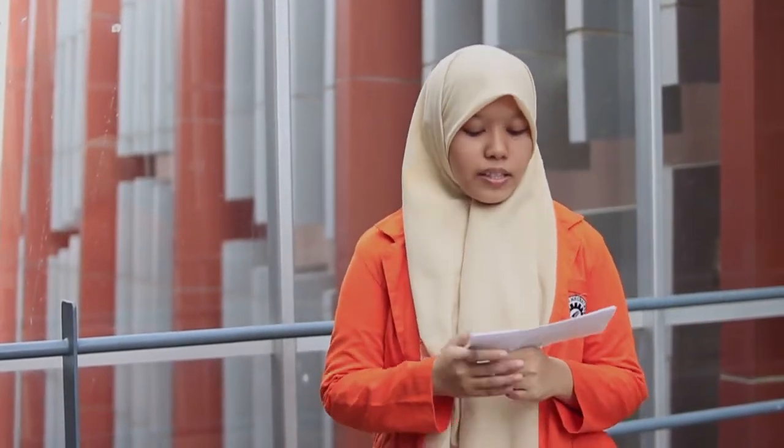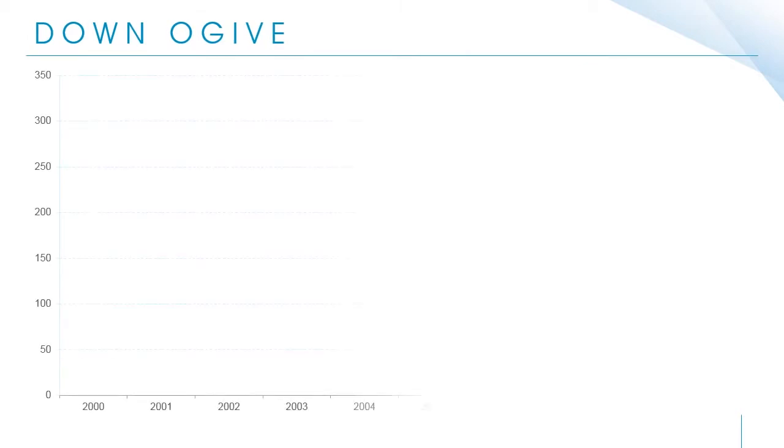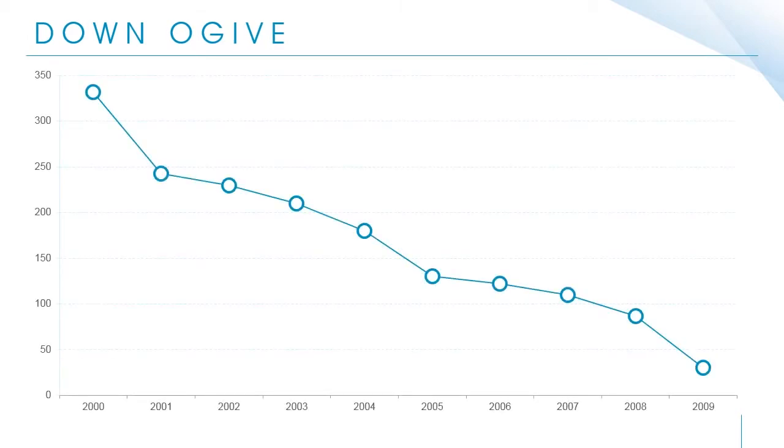The second kind is down ogive. For down ogive, the graph is based on the cumulative frequency distribution more than, as follows. From those data, you plot the upper x and more than from the cumulative distribution table, so the graph will decrease.